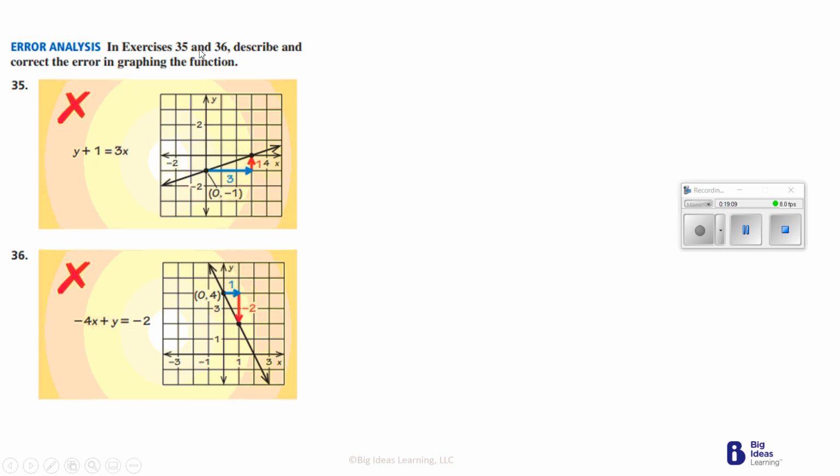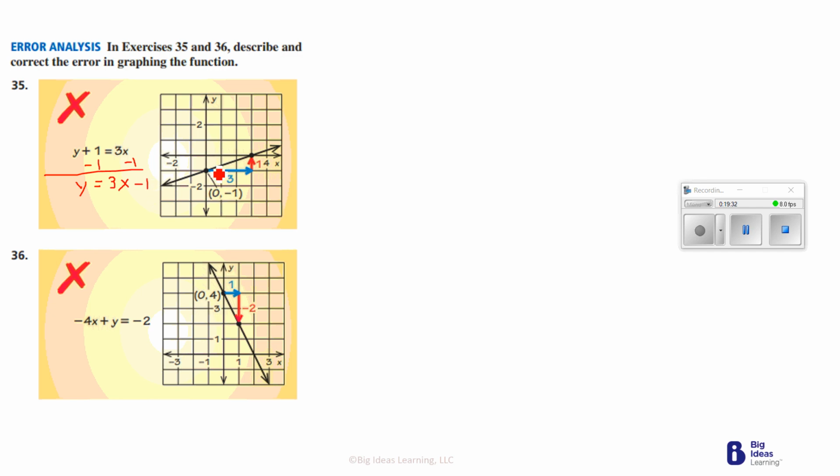35 says in exercise 35, describe and correct the error in the graphing function. When I do this, I see that I'm going to take this, make negative 1 on both sides. This will give me y is equal to 3x minus 1.